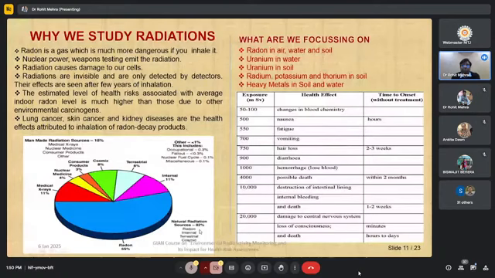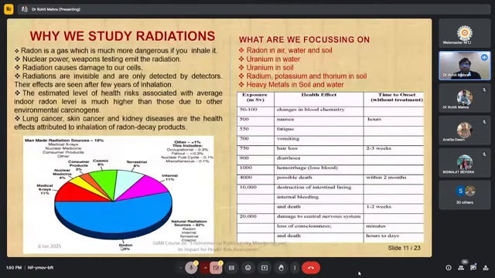Nearly 82% comes from natural sources and around 18% from man-made sources, which include medical X-ray, nuclear medicines, and consumer products. Out of this total 100%, nearly 55% is due to one source, radon. That is why the study of radon is very important.